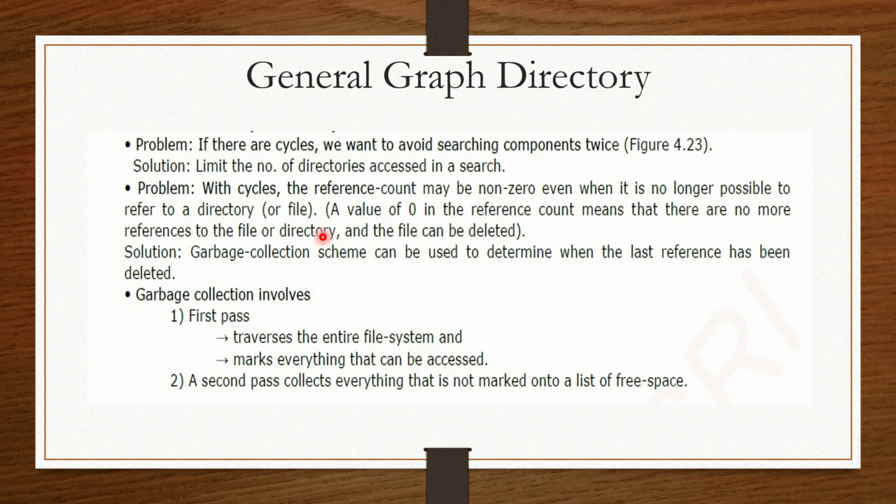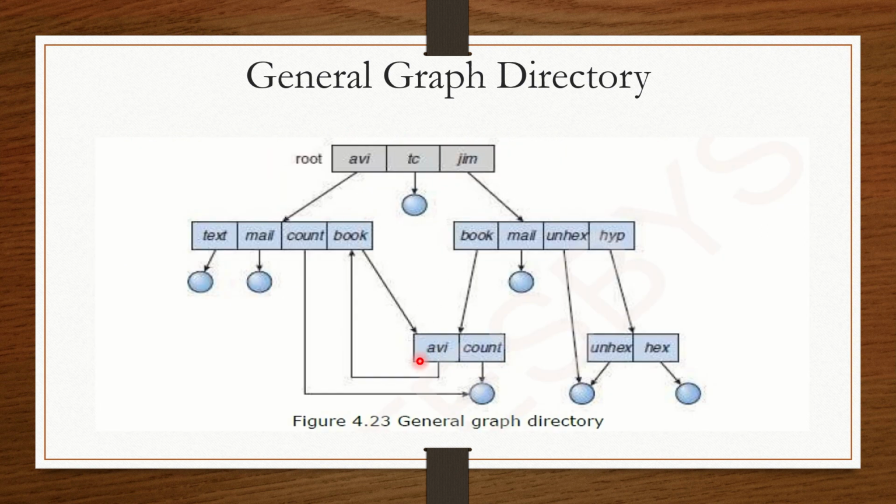Next, the fourth type is general graph directories. The acyclic graph directory has an issue when cycles happen. In a general graph directory, or cyclic graph directory, you can see here the book directory being shared from book to here.